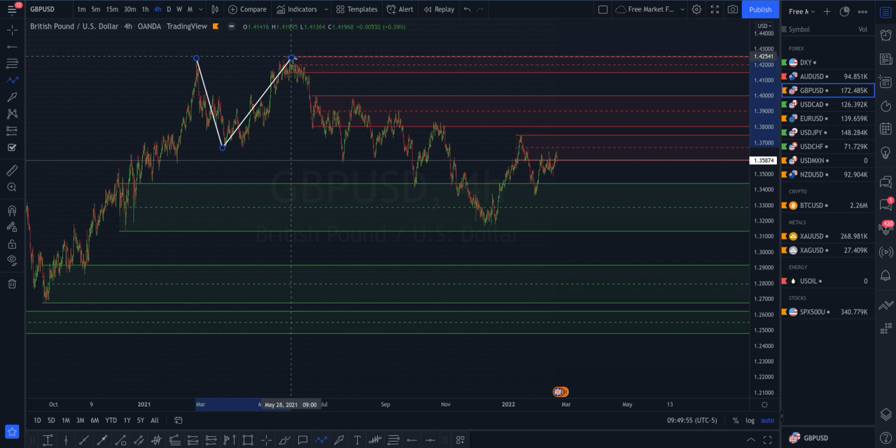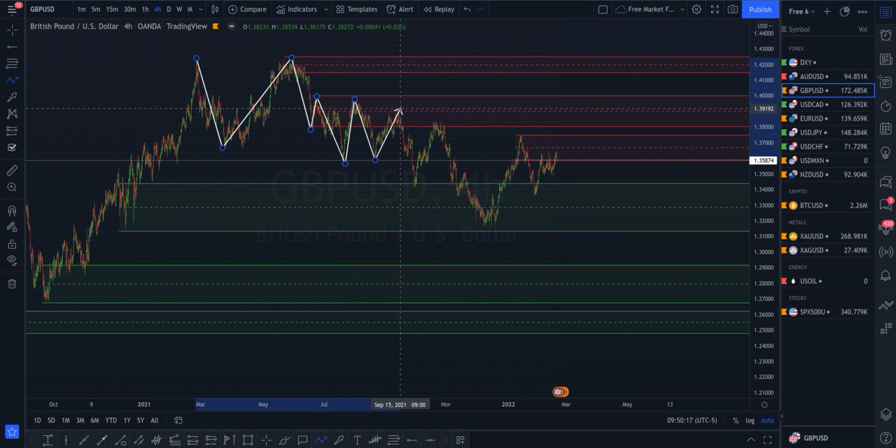Did we get another high? Let's see. We've got this low, we have this high. We didn't get another high, guys, so we got this lower low. We have a lower high that did not take out this high. We have this low that didn't take out this low.